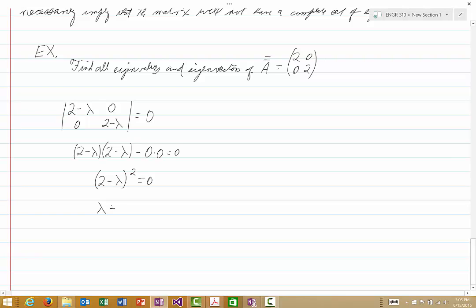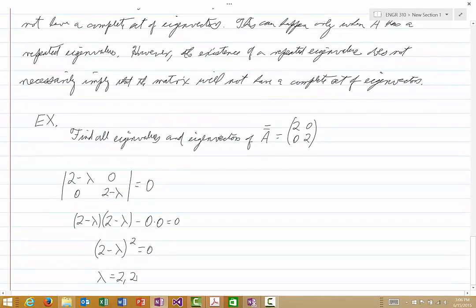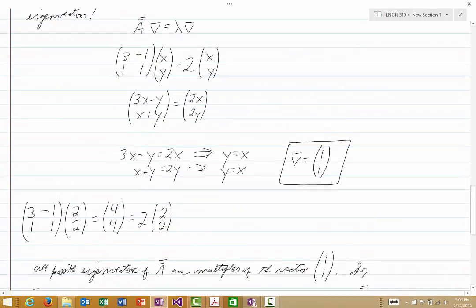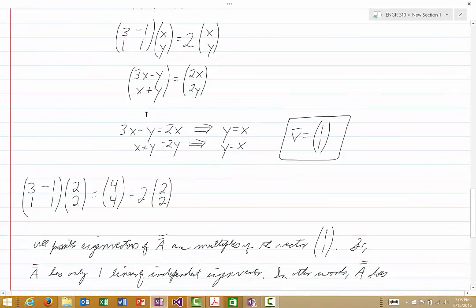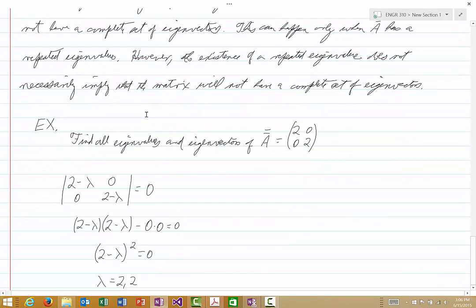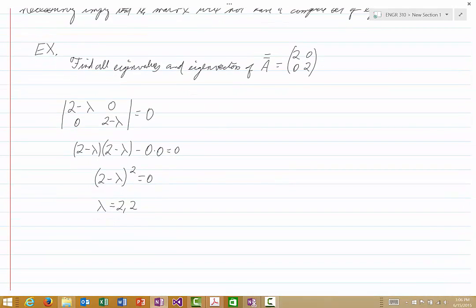So we again have a repeated eigenvalue of 2, just like we did with the previous matrix. It had a repeated eigenvalue of 2, and so does this completely different matrix.